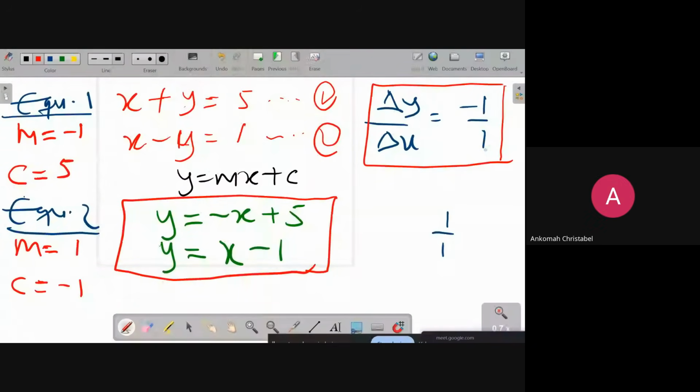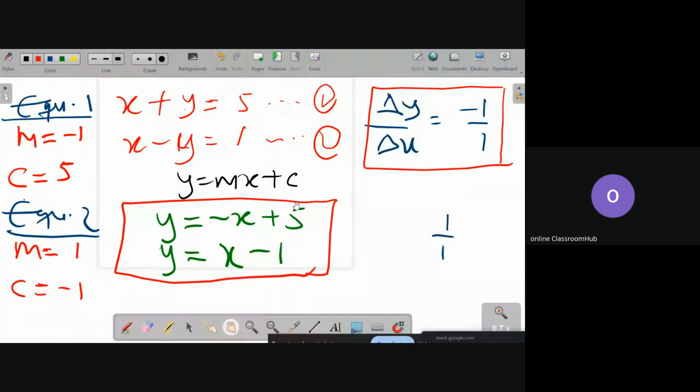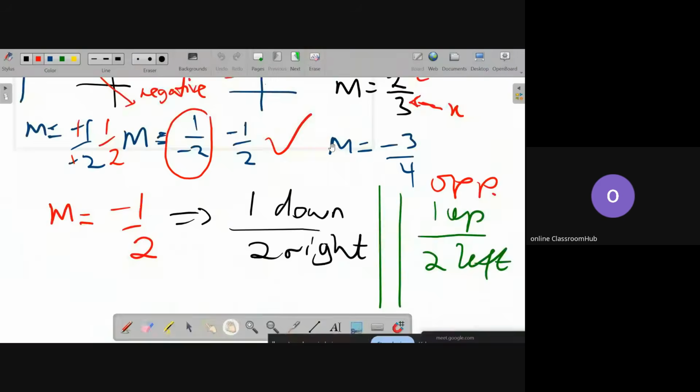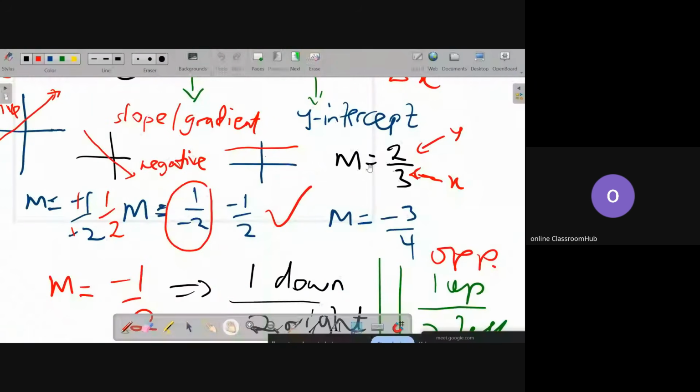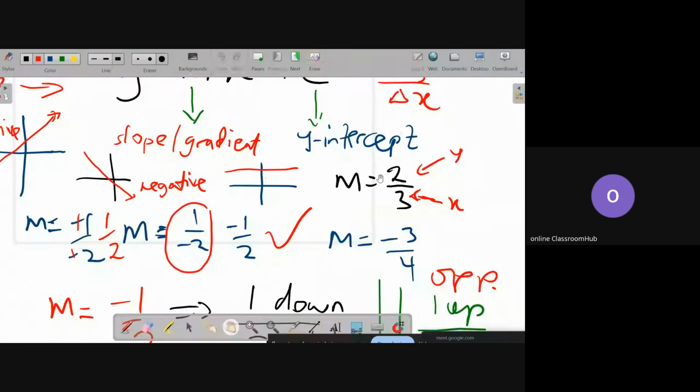When we were doing the introduction, don't forget, we said that the numerator is movement along the y-axis and the denominator is movement along the x-axis, always to the right. But the numerator is either you're moving up or down, depending on the integer. We said that.